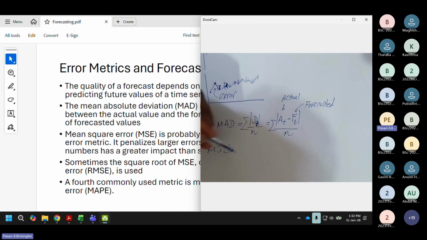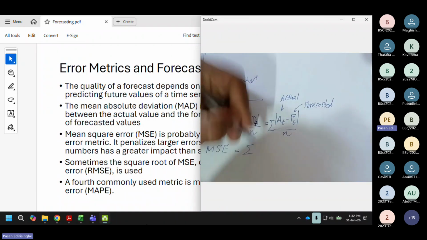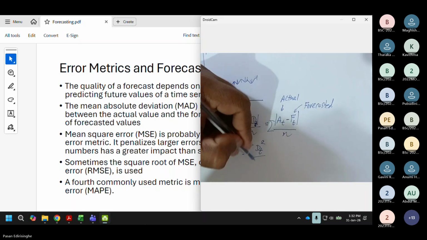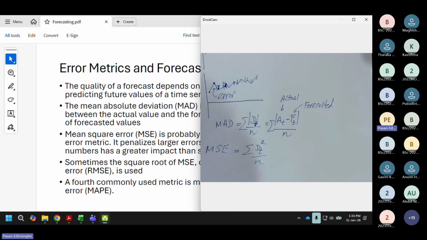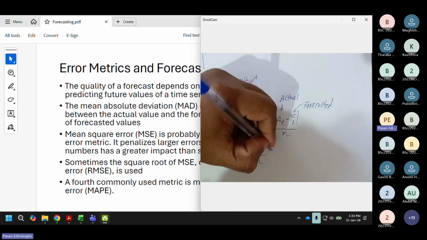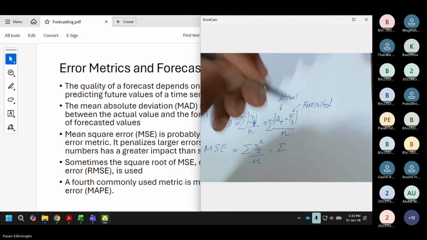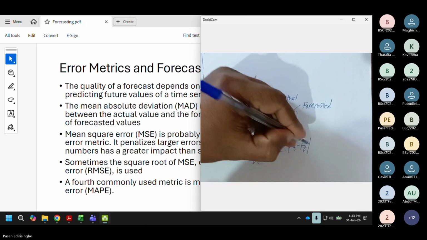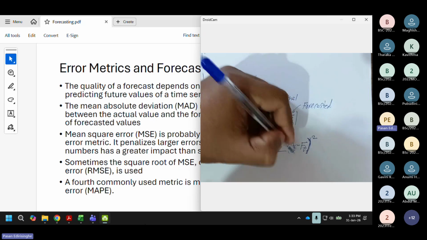So to overcome that, we can define another measurement using squaring. That means the summation of deviations squared and divided by n. So that's going to be our mean square error, right?